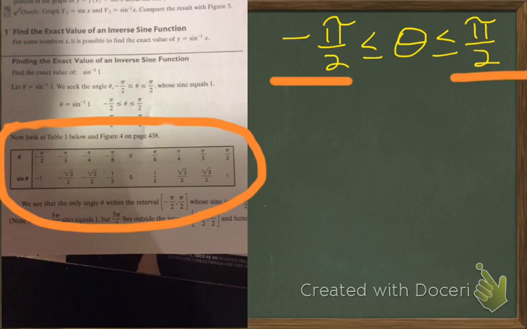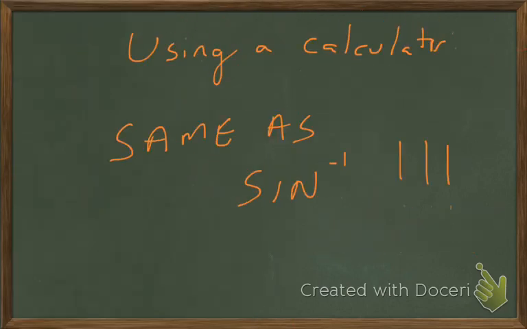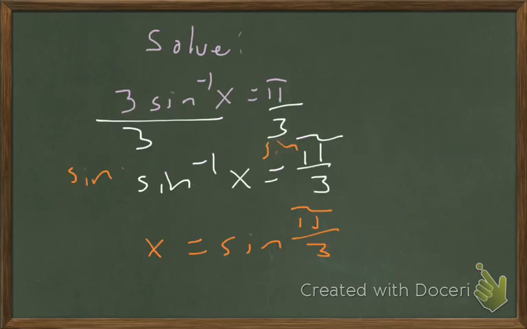Right here we have sine of pi over 3, which ends up being the square root of 3 over 2. So, we say x equals square root of 3 over 2. And there's your answer. Okay?